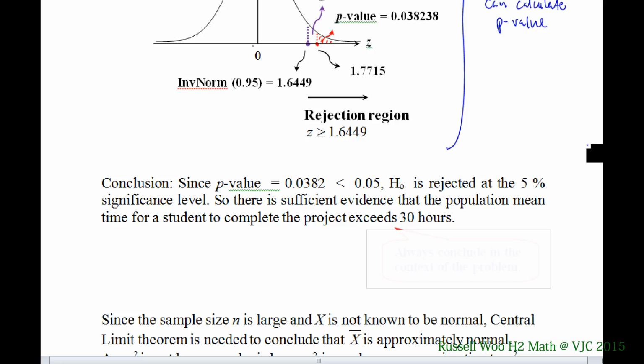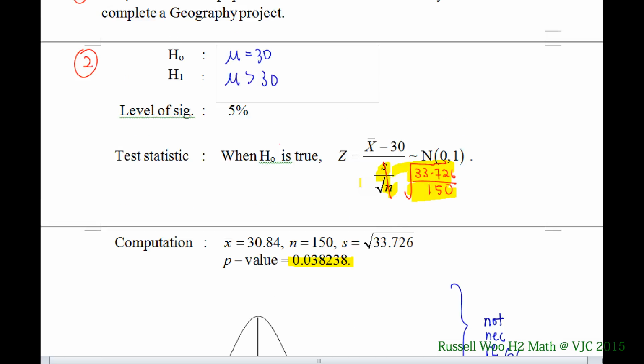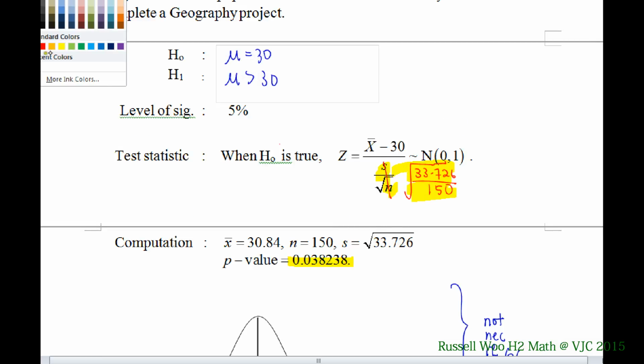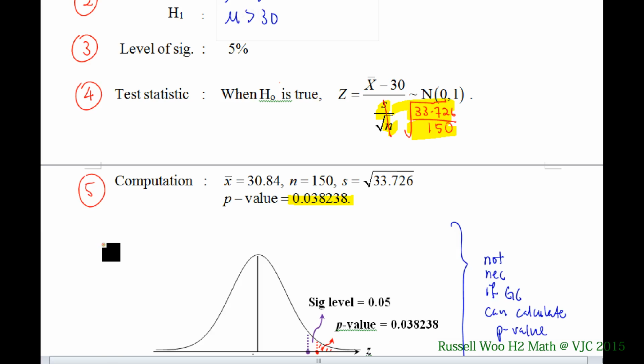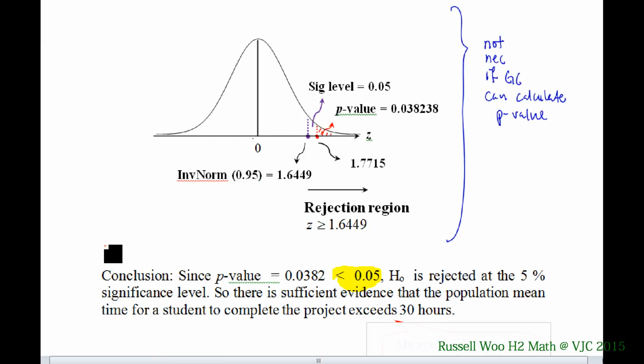The conclusion, okay. So remember this one? Sorry, better label the 1, 2, 3, 4. I got carried away. This is level of significance. The test statistic, you compute, correct? Then you conclude. Remember what I said about level of significance? You always compare.